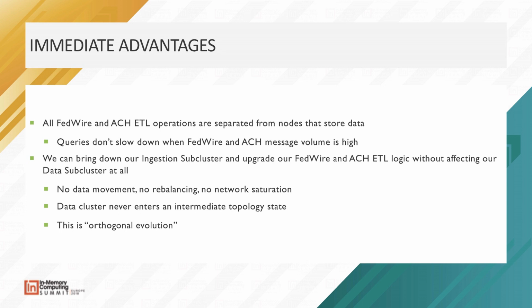So if we were to go back to this situation where our services and our data are all built into one node, we want to upgrade our service logic, this node comes down.